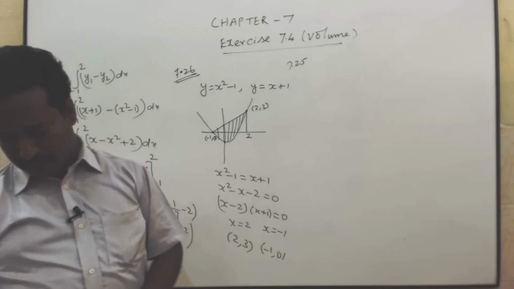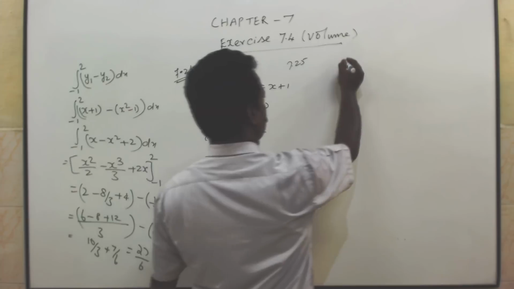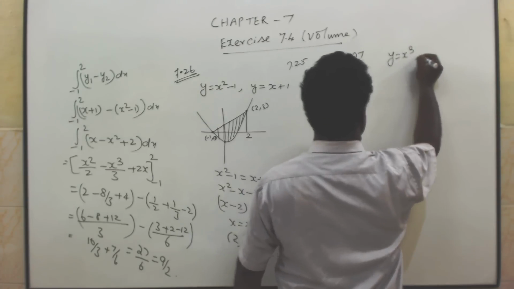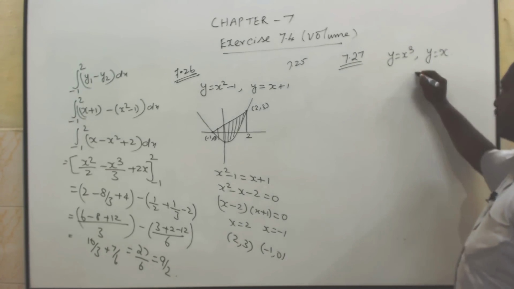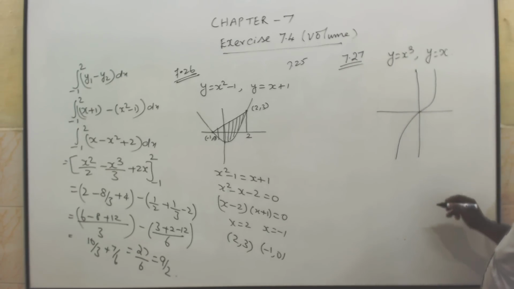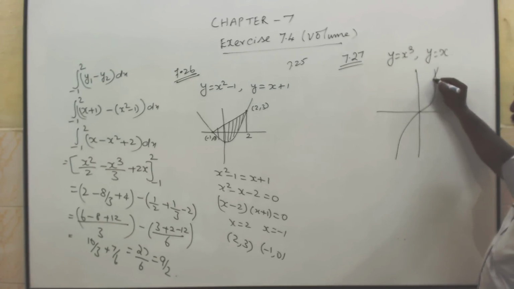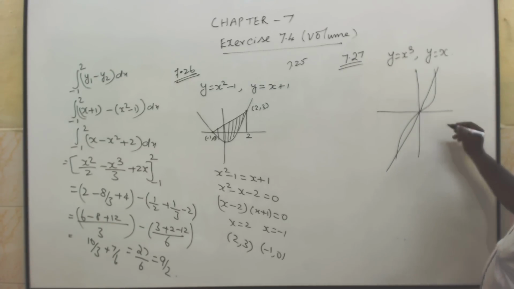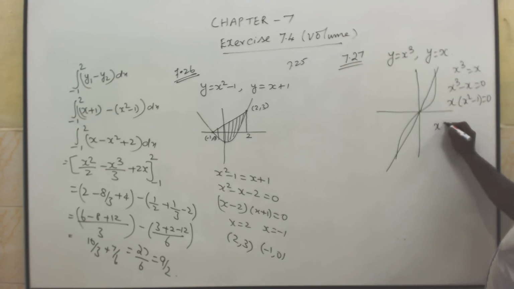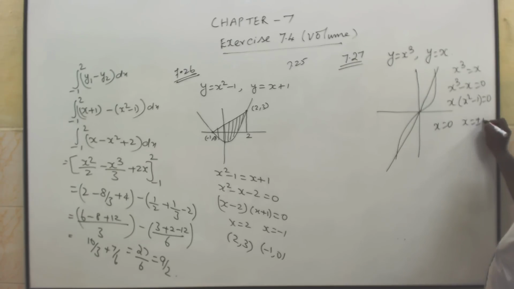7.27, the area bounded by the curve y equal to x cube and y equal to x. So, already we studied y equal to x cube, the curve looks like this. y equal to x means a line passing through the origin. Therefore, first you have to solve x cube equal to x, x cube minus x equal to 0, x common, x square minus 1 equal to 0, x is equal to 0, x is equal to plus or minus 1.